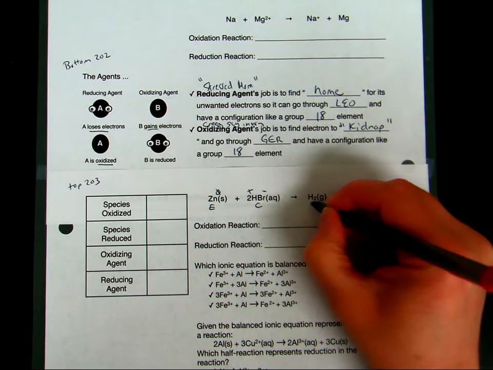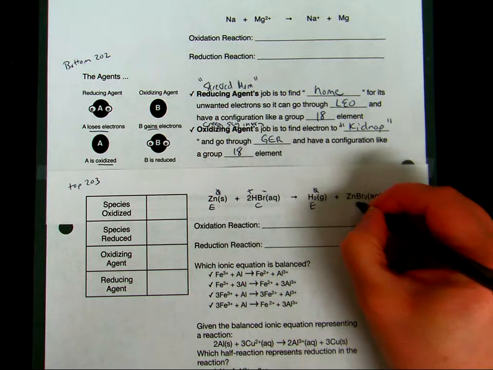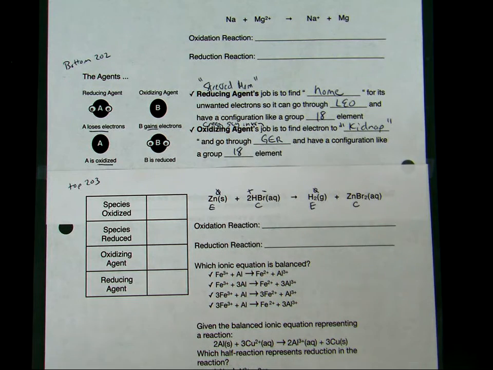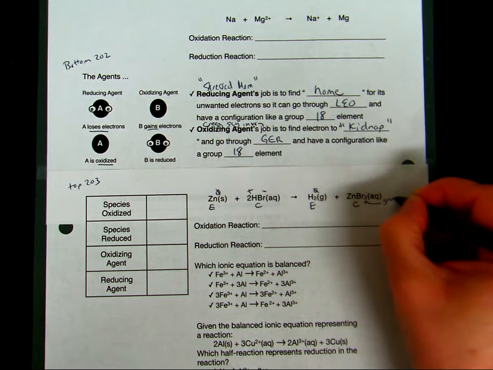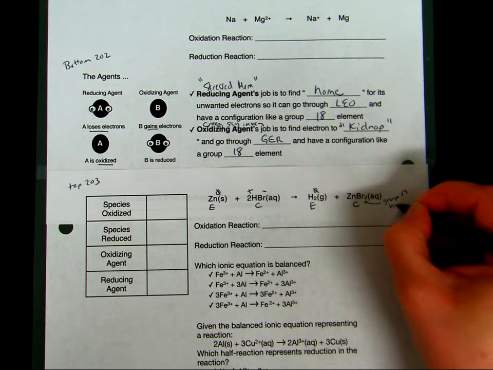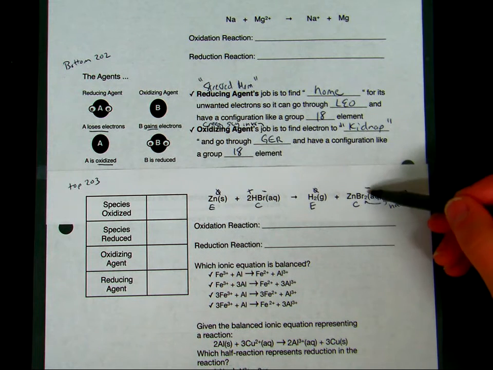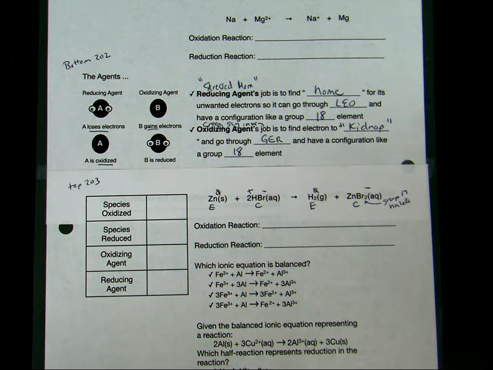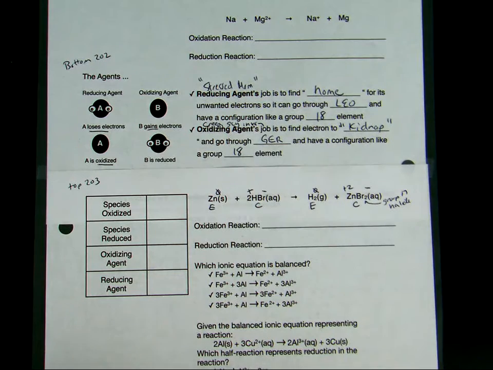On the other side, H2 represents an element, so we quickly assign it an oxidation state of 0, and then we have our compound. Now, Br is in group 17. It's functioning as a halide, so it's using a -1. There are 2 of those Brs in the formula, 1 Zn cation, so it must be using a +2.